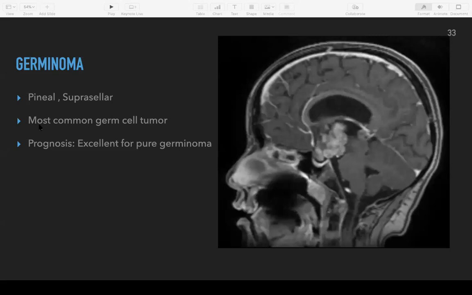It is the most common germ cell tumor, and the most common germ cell tumor happens in the pineal area. Pineal area is more common than suprasellar area.